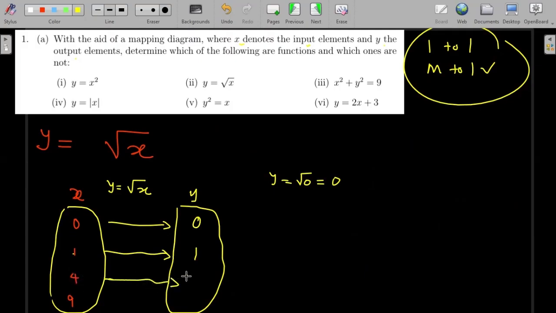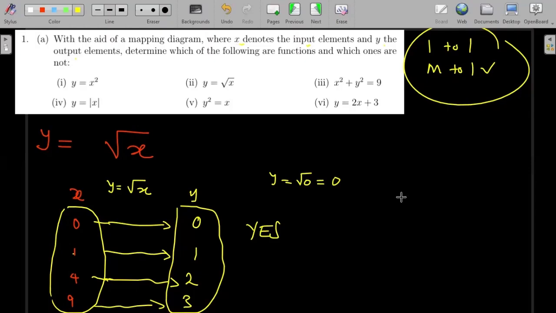The square root of 4 is what? 2. If my x is 9, what would be the root of 9? It will be 3. And then you ask yourself, what type of function is this? This function is just one-to-one. We see that each of these input values is being mapped to only one output. So we're going to conclude that yes, number 2 is actually a function.